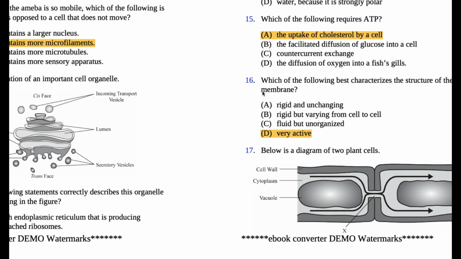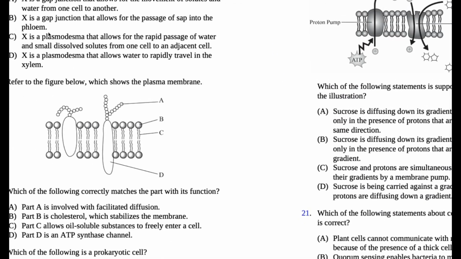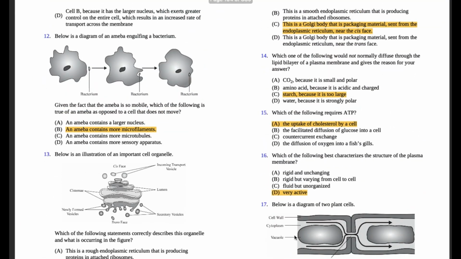But for plants, it's called plasmodesma, right? So a plasmodesma allows for rapid passage of water and small dissolved solids from one cell to an adjacent cell, right? This is obviously not the xylem in here.